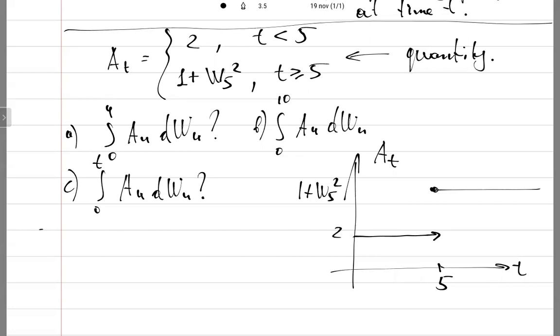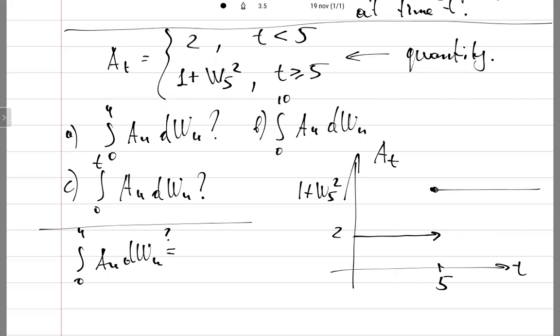Okay, first integral. What is your profit of A_u dW_u if we change u from 0 to 4? What is your profit? Imagine that you have 2 cups, 2 assets.